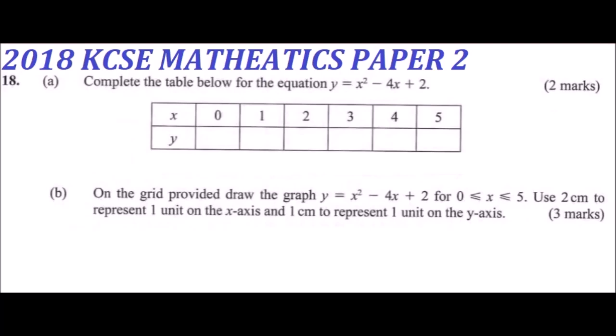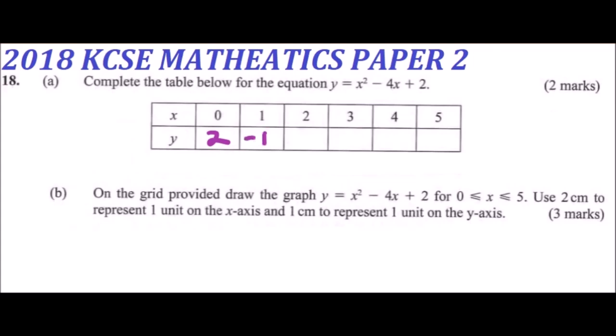So you substitute the values of x in our equation or the function. When x is 0, x squared is 0, minus 4 times 0 is 0, so y will be 2. When x is 1, y is equal to 1 minus 4, that is minus 3, plus 2, you get minus 1.